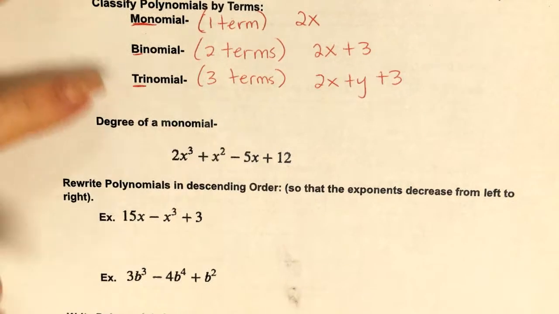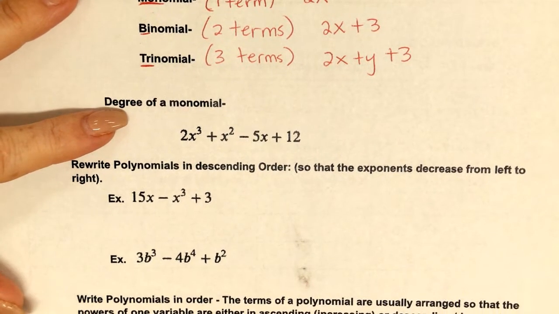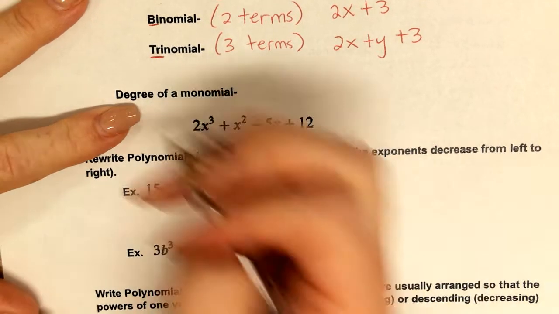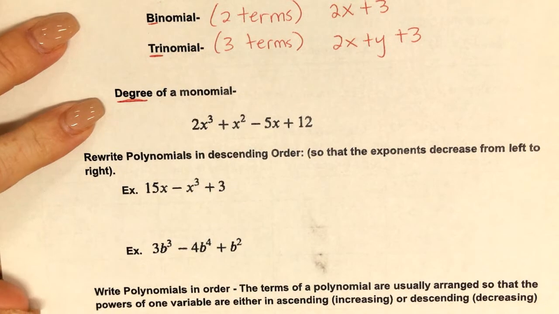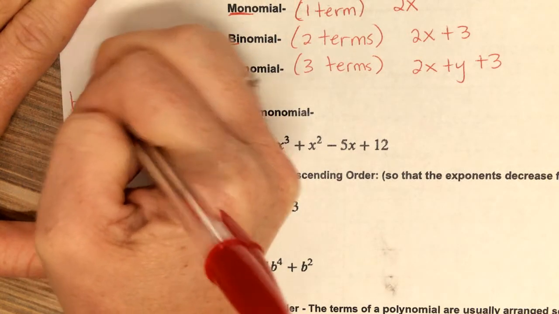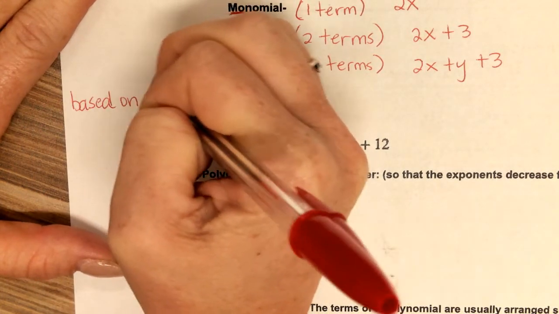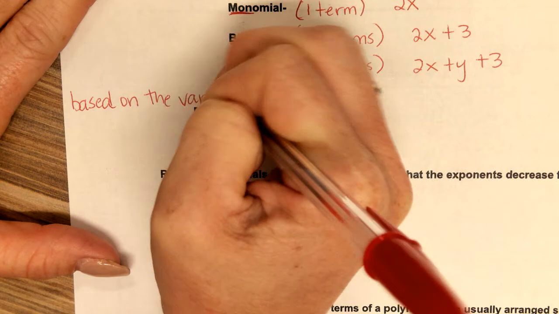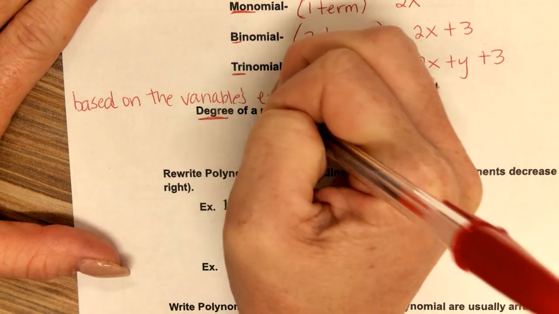All right, the next thing you need to know is the degree of a monomial. The degree of a monomial is based on the variable's exponents. So write that down. Based on the variable's exponents.